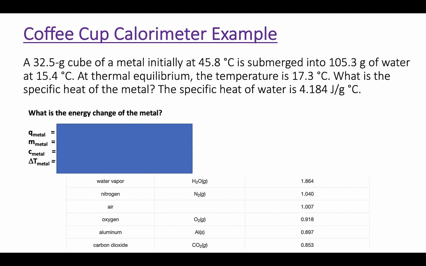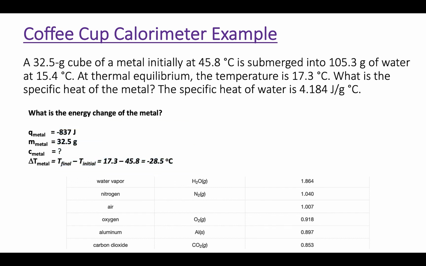And so we can again set up Q equals mc delta T. Before we didn't have the Q of the metal, we do have the mass of the metal. We want to find out the C of the metal, and the change in temperature of the metal we're also able to identify from this problem. And so now that we've calculated the Q of the metal based on the change in the water's temperature and therefore the heat that went into the water, we now know Q metal, right?